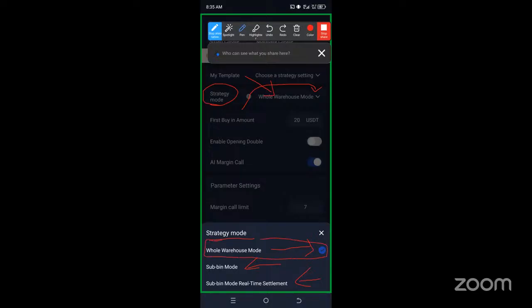It means that when you have selected here, when market comes down, robot will buy, but when market goes up, it will not sell, of course, when it has gone beyond 4 margin calls, but it sells at a go, or it sells all at the same time when you have selected the warehouse mode.